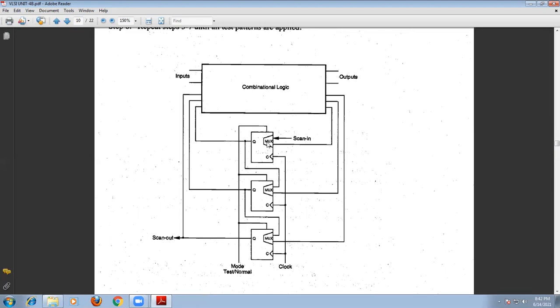By using the multiplexer, we can use the mode control, so that it may be test mode or normal mode.